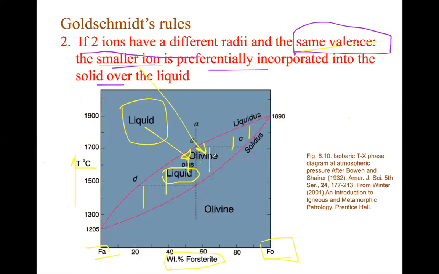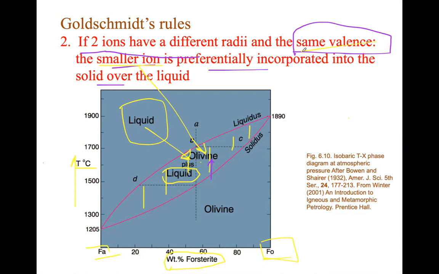So in this situation, if you have two ions of the same size, the higher charged one will go into the solid, right? So when the olivine crystallizes from the liquid, that is a solid phase, so the higher charged one will go into olivine.